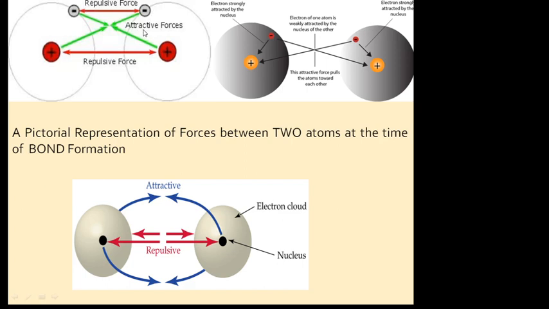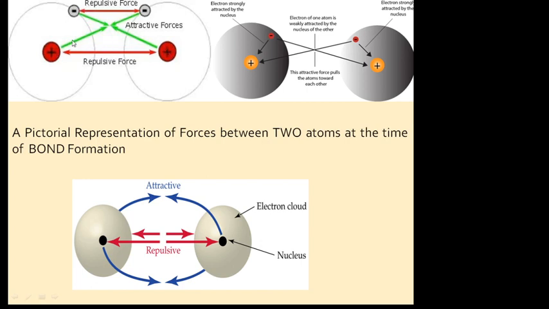Now, unlike charges, naturally there are attractive forces. And what are the different charges? The orbital electron of atom 1 is looking at the nucleus of the adjacent one, so that is one attractive force.